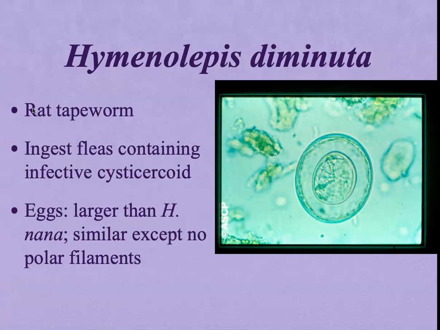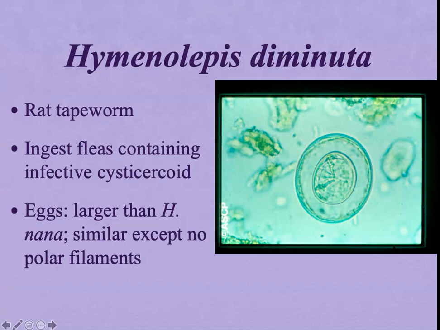We get Hymenolepis diminuta by again ingesting fleas containing the infective cysticercoid larva. And the fleas got infected by feeding on the feces of rats. So the way to control these is to have good pest control, good rodent control, and then to make sure you have well-sealed food and everything.